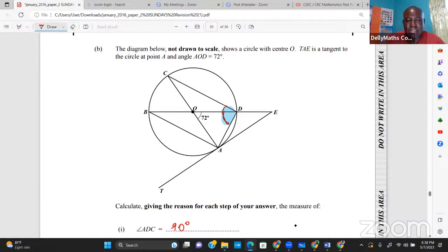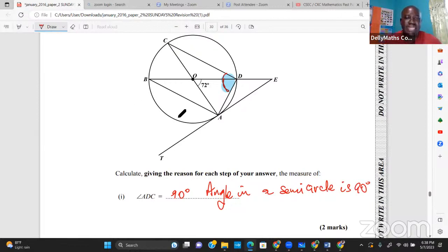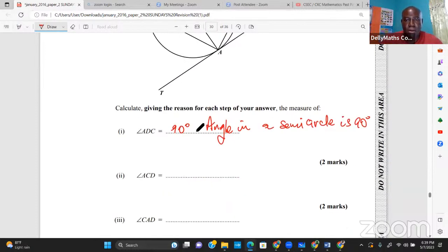So ADC is 90, and the reason that we're going to use is that angle in a semicircle is 90 degrees. All right, not bad.